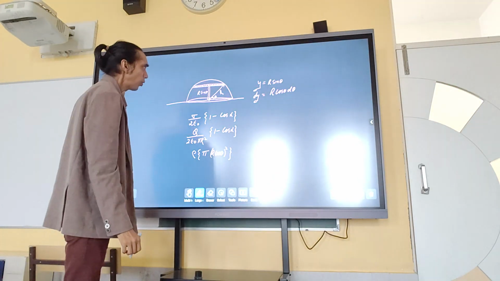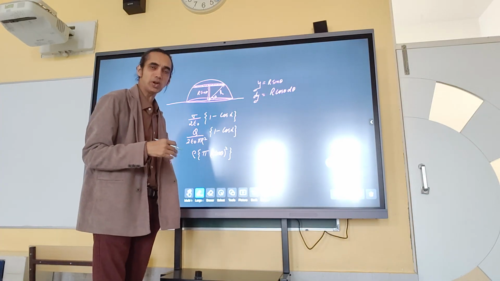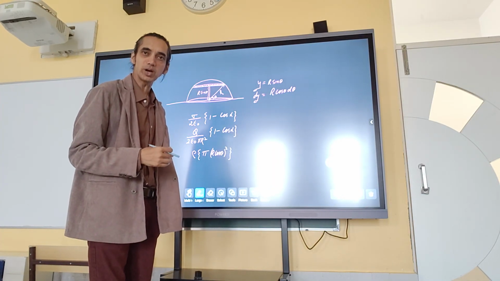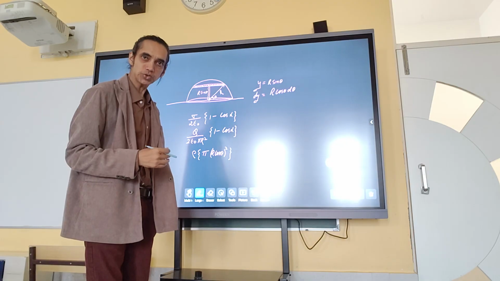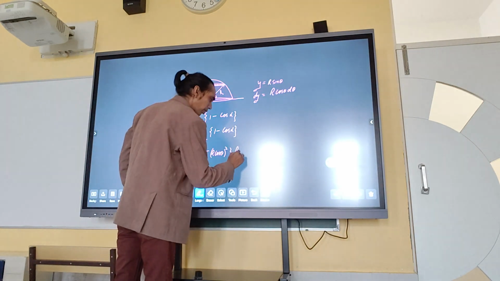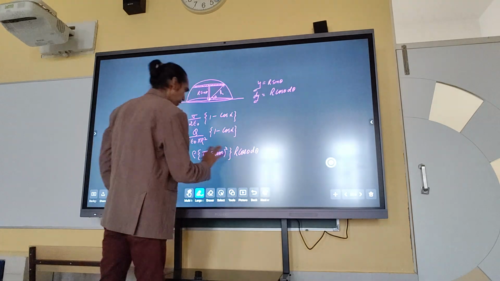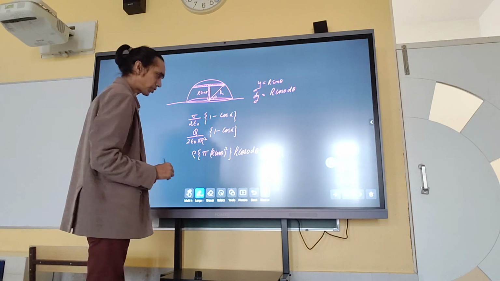So we refrain from multiplying with r d theta. If you do that, you will end up getting it for a hemisphere which is hollow.